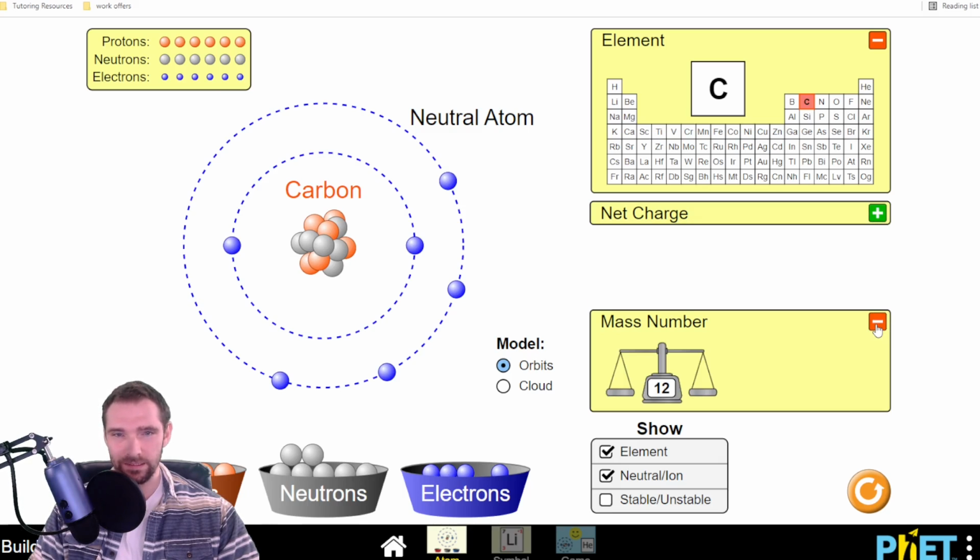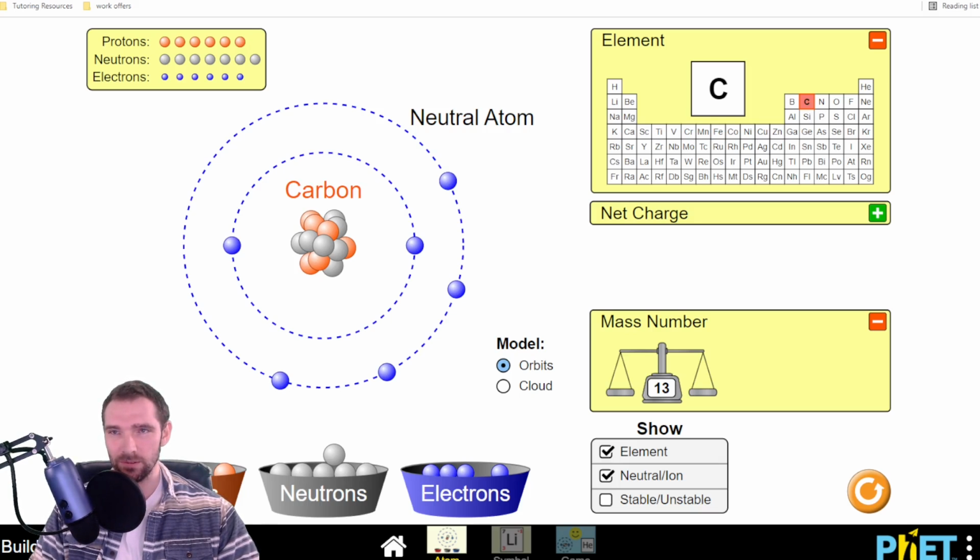It's got that mass of 12. If I add on another neutron, oh, wait, it's gone up to 13. So this is that carbon 13, and then carbon 14, which is an even rarer version of carbon. You can see that. If I add in another proton, it's no longer carbon, though. Carbon needs to have 6 protons.